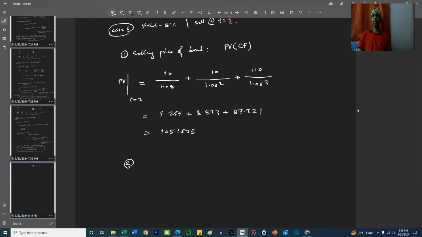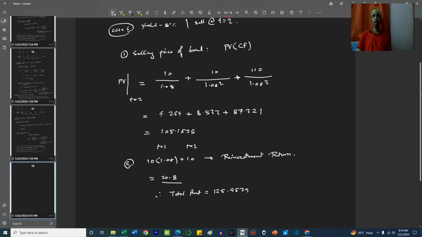So the reinvestment return is 10 into 1.08 plus 10, because at t is equal to 2 this 10 is received, and at t is equal to 1 this 10 is received, which compounds for 1 period. So this is the reinvestment return. This comes to be 10.8 plus 10, which is 20.8. Therefore, total amount is 125.9535. This comes from adding 20.8 with 105.135.